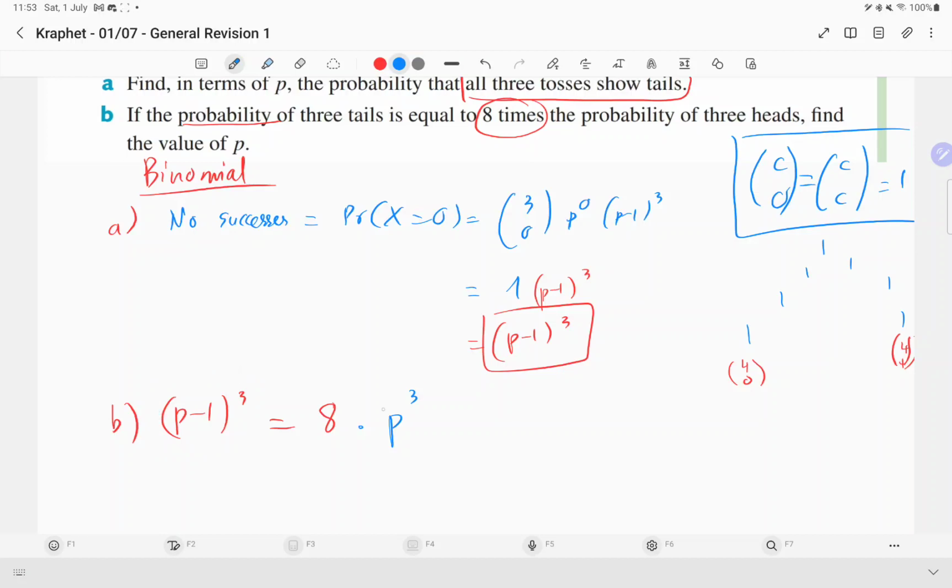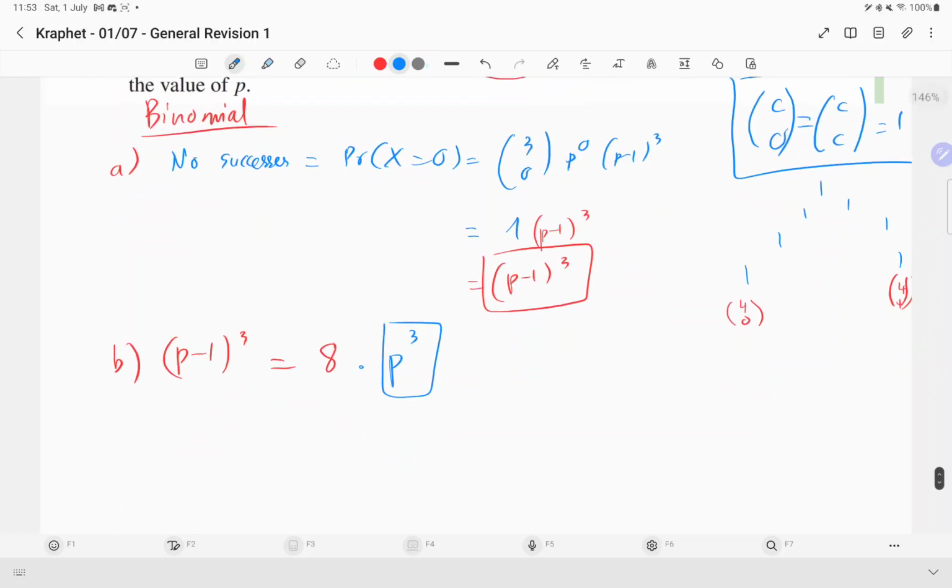If you succeed 3 times, that's also the only option. Even using the formula, it would be 3C3, p to the power 3, and (1 minus p) to the power 0. Power 0 equals 1, and 3C3 equals 1. So the answer is just p to the power 3.